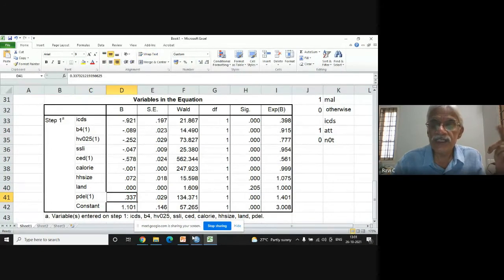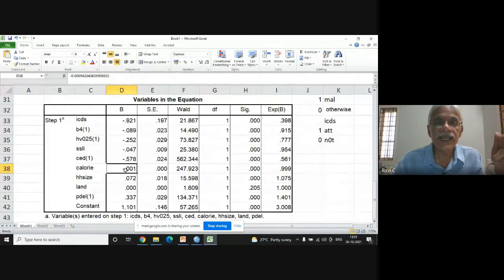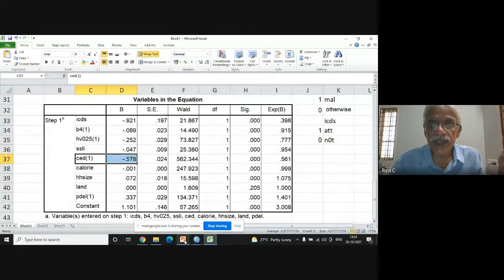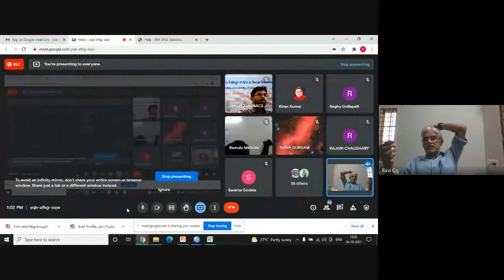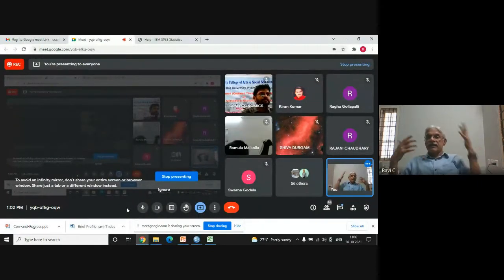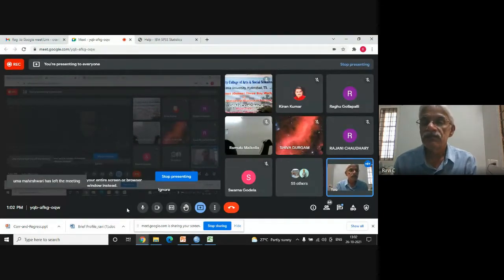So for home deliveries, the probability increases. Now, as calorie intake increases, malnutrition probability decreases. So you can model this. This model then will tell you what are the important variables for intervention.